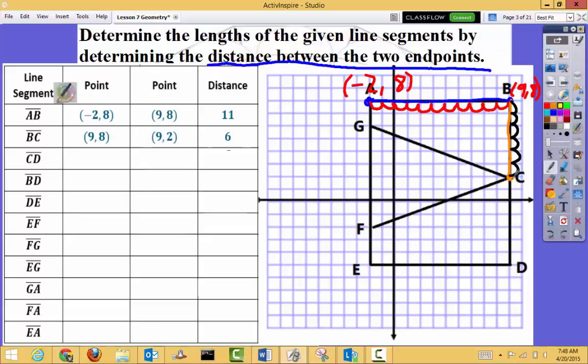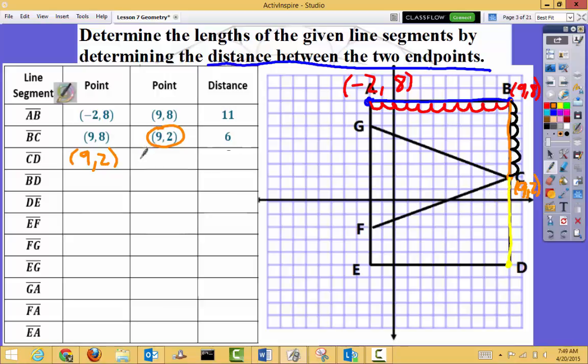C to D. Well, I already know C is what? C is 9, comma 2, because I just found it in my last example. So I'm just going to copy that down. And now what is D? Well, it is 1, 2, 3, 4, 5, 6, 7, 8, 9.